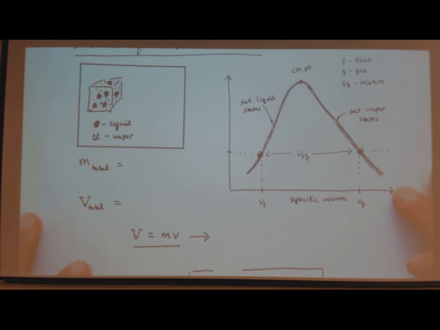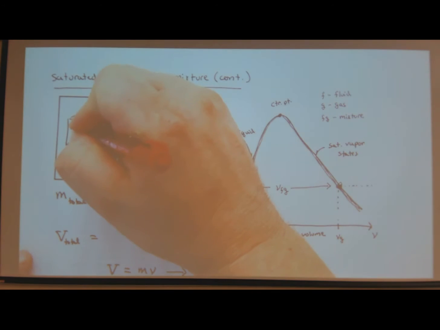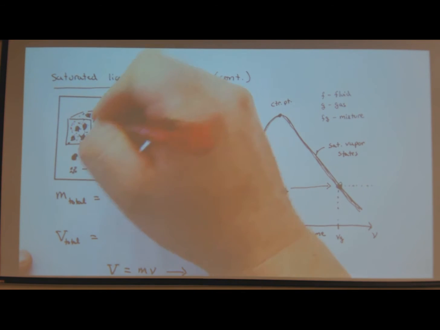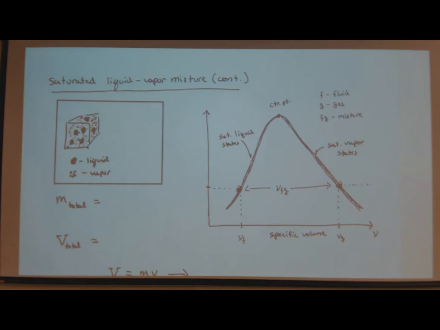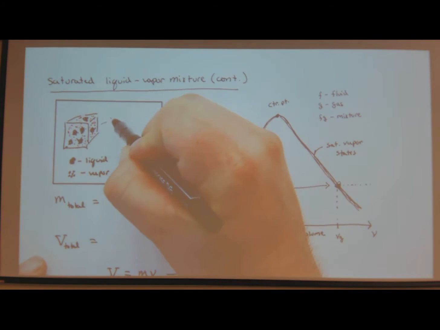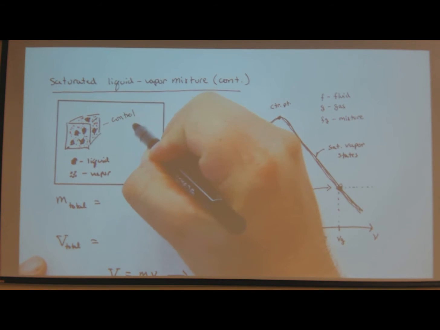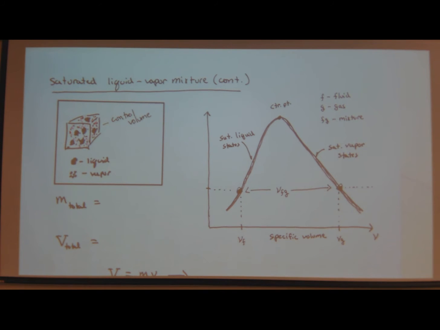So I talked about this idea of a control volume. Here I have a box where the red dots represent vapor. This is a control volume. The magnitude of the volume of the control volume depends upon what you are interested in looking at.